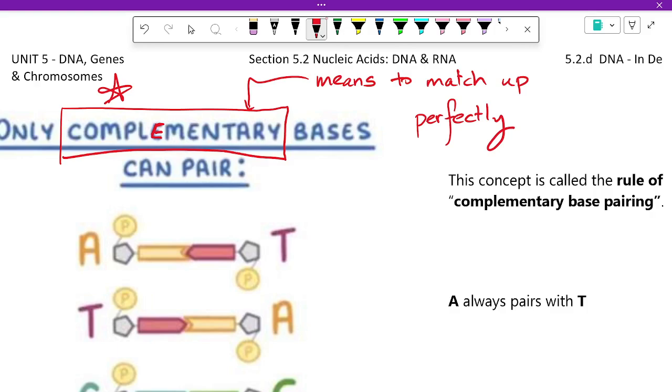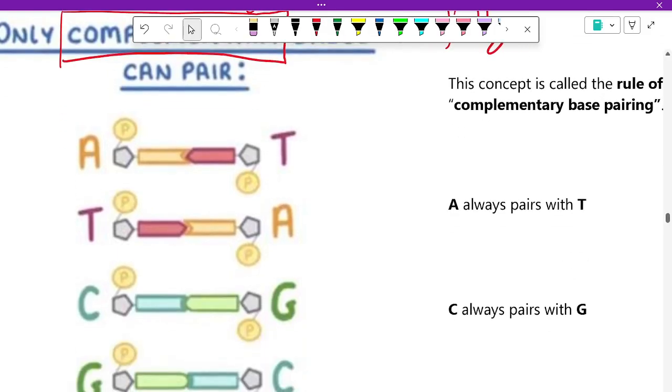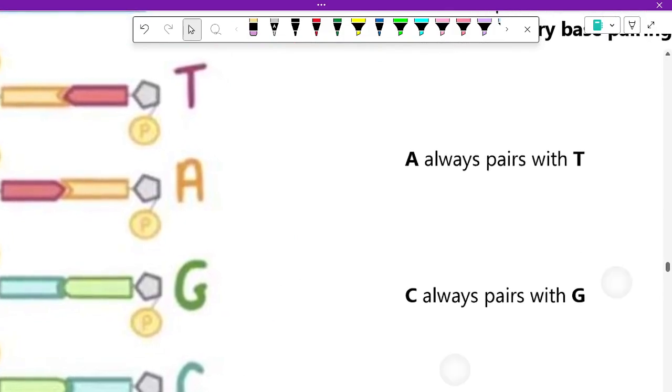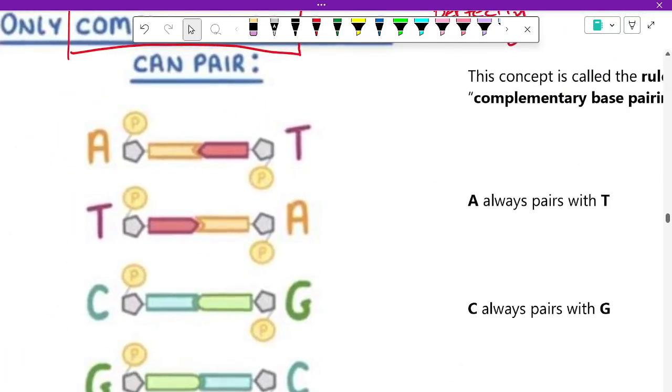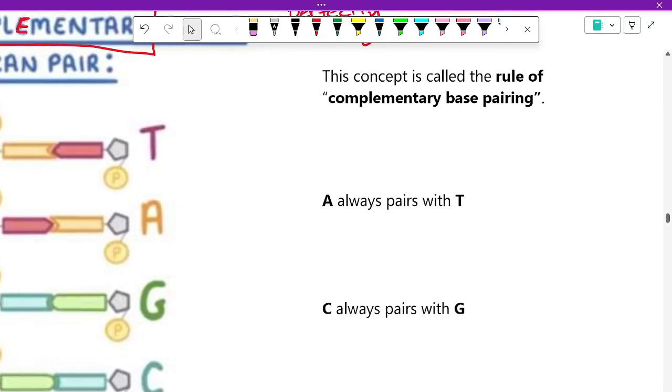And so you remember we had our triangles and then we had our circles. The triangle matches with the triangle. The circle matches with the circle. The ingoing circle matches with the outgoing circle. The outgoing triangle matches with the ingoing triangle. So A always matches with T and C always matches with G. And this is what we call the rule of complementary base pairing.